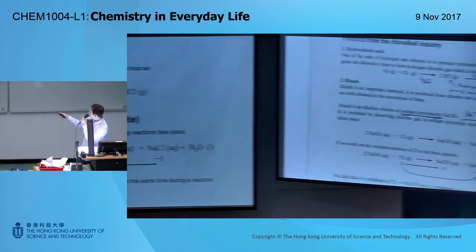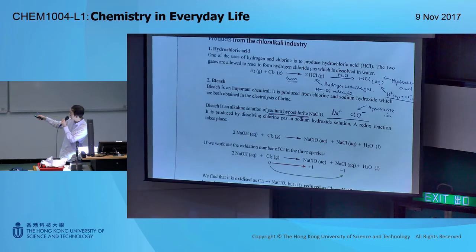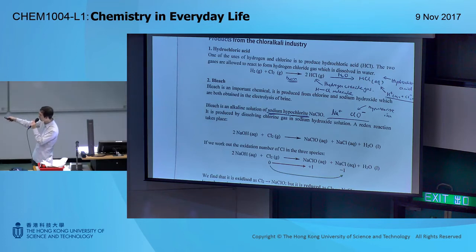This is the name. The name comes from the fact that it is a chlorite. If you remember, the -ite ending tells you that it has less oxygen than the more oxidized one. So this has less oxygen than chlorate. Okay, there's a chlorate, ClO3-. That one is a more oxygenated one. So with chlorite, it is less oxygenated.